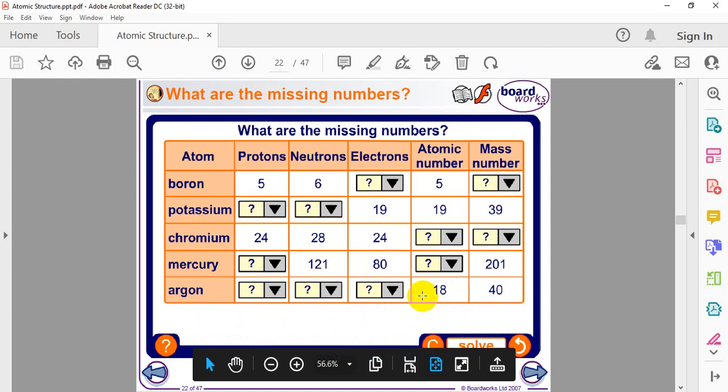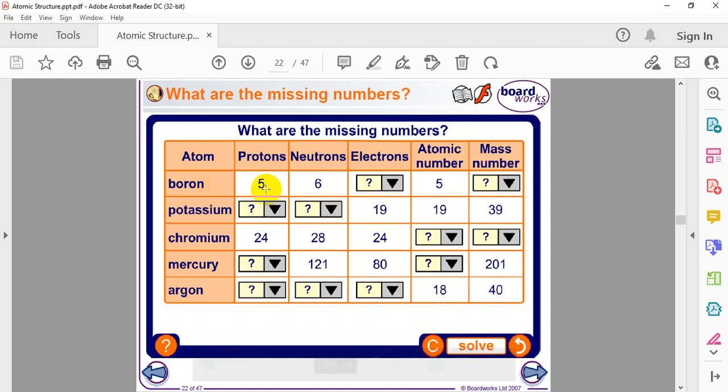What are the missing numbers? So this is an assignment. Boron has 5 protons, 6 neutrons, so it will definitely have 5 electrons corresponding to the 5 protons. The atomic number is equal to what?